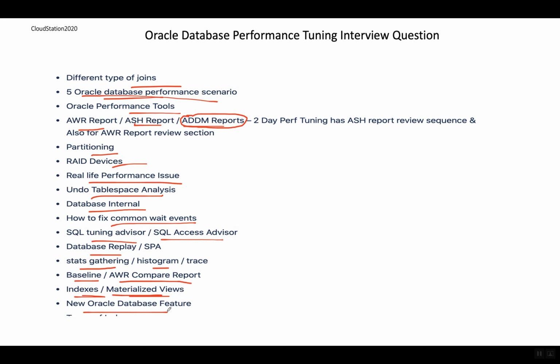But as they moved to 12.2, they removed that feature. I don't know the reason, but yes, it was. So you need to understand different areas, preferably the SQL area, based on your job requirement.